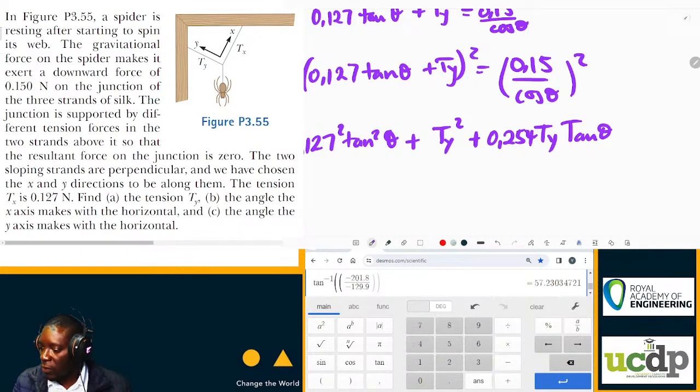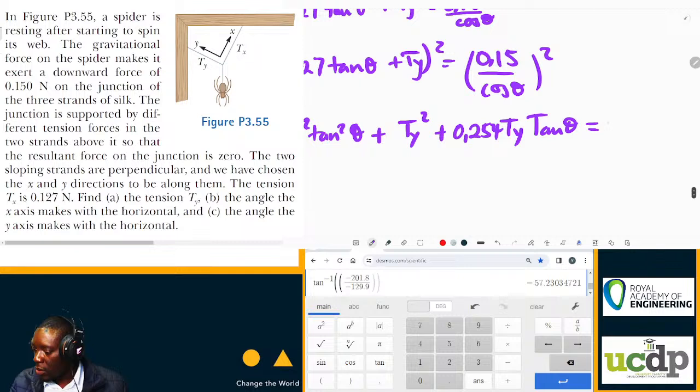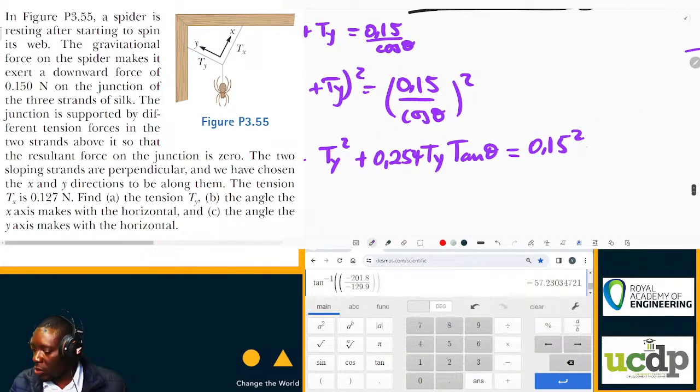That's the product of this and that twice. Then this is equal to 0.15 squared multiplied by sec squared theta.